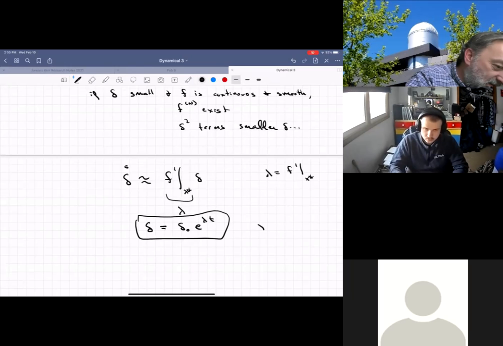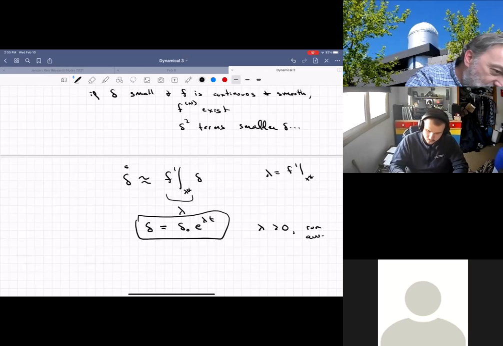And we see that if lambda is positive, I run away because delta grows. But if lambda is negative, I run towards the fixed point because delta goes to 0.